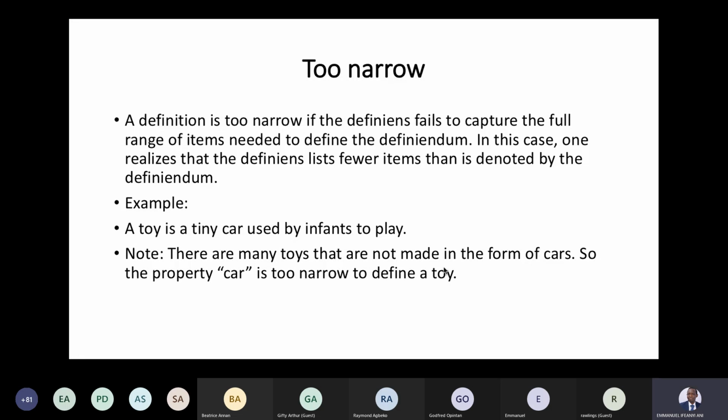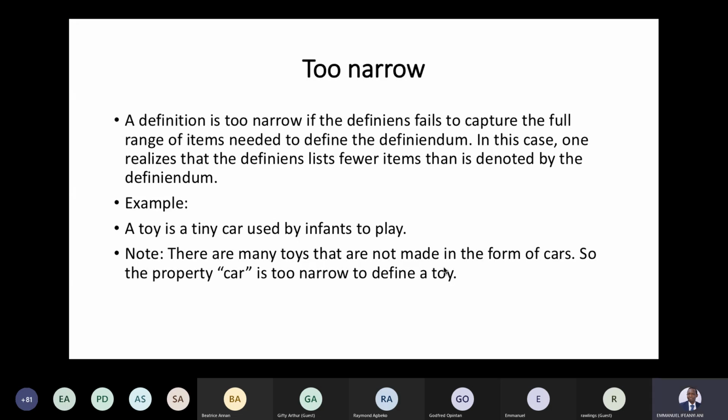A definition is too narrow if the definiens fails to capture the full range of items needed to define a definiendum. In this case, one realizes that the definiens lists fewer items than is denoted by the definiendum. Example, a toy is a tiny car used by infants to play.